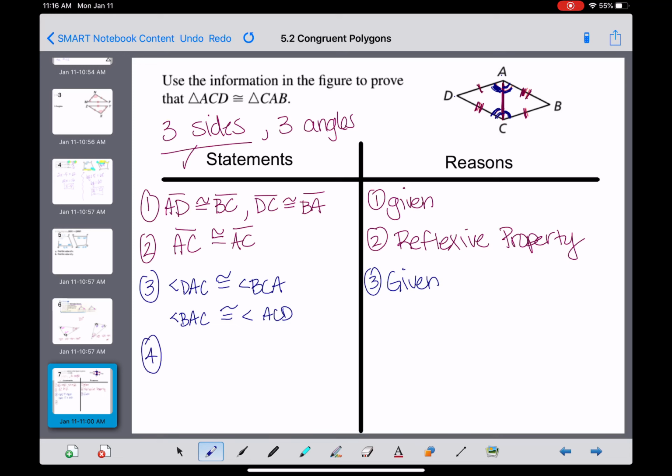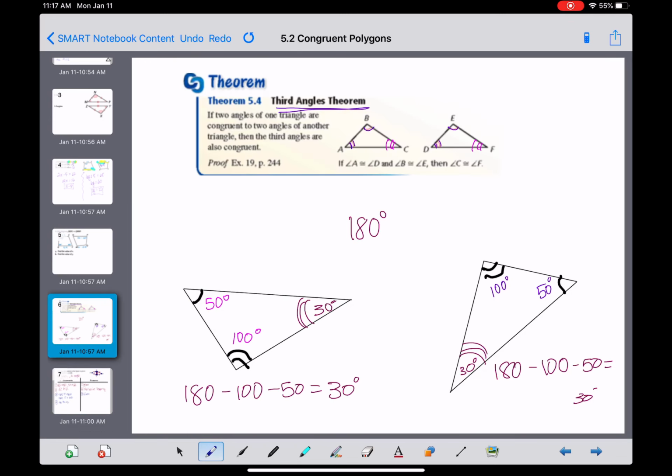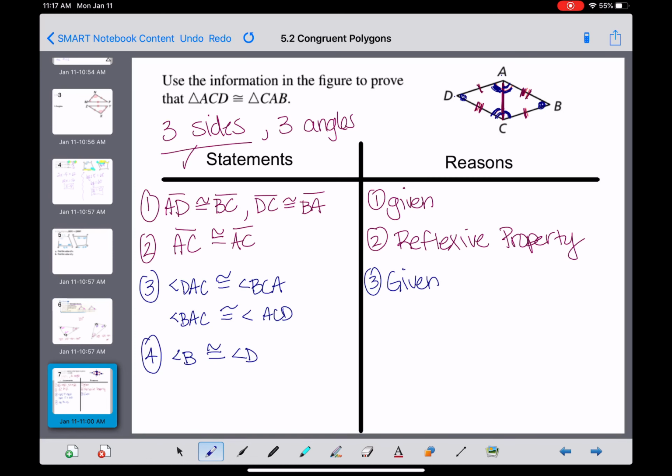So I'm looking at angle B and angle D. So I need to show that angle B is congruent to angle D, and this is the theorem that we just went over, the third angles theorem. So I already showed that 2 angles are congruent to one another. Therefore, the third angle has to be congruent to each other due to the third angle theorem.